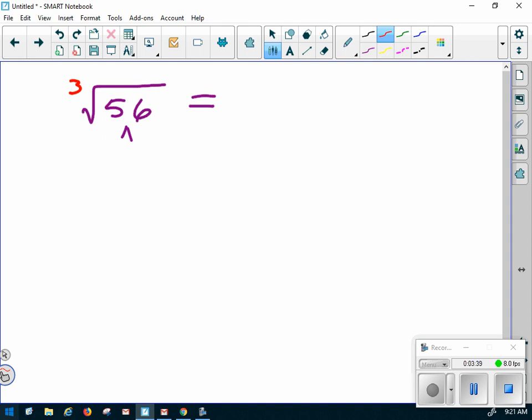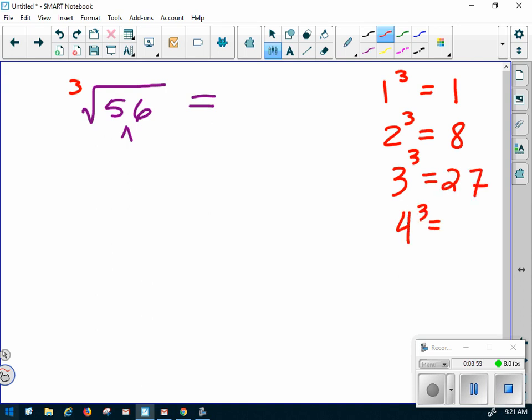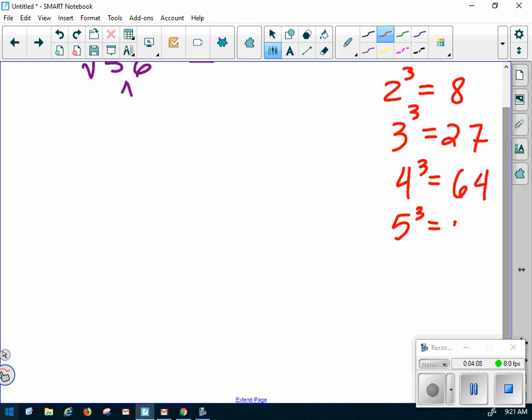Let's write down what are called the perfect cubes. 1 cubed is 1. 2 cubed is 2 times 2 times 2. 3 cubed. 4 cubed. 5 cubed. 6 cubed. 36 times 6. 216. Now, off the top of my head, I don't remember them after this. So, let's just do those.